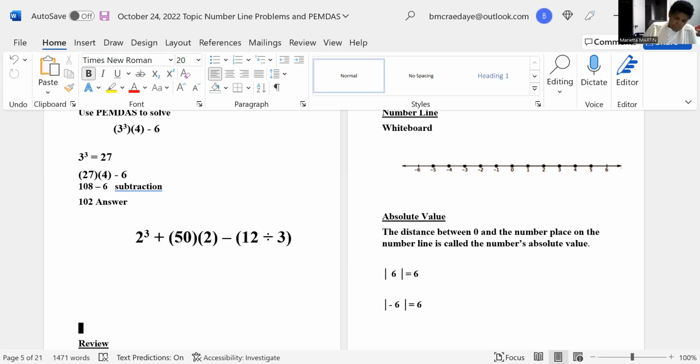Okay, multiplication by... that one is wrong. I have no problem with this one.